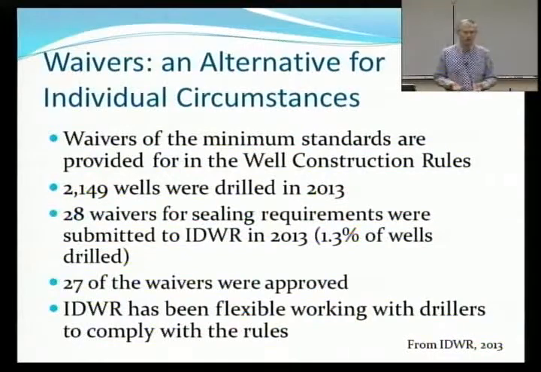In a recent meeting with drillers, somebody pointed out that in a section of Valley County the best quality available water resource for domestic wells is on the order of 35 to 50 feet down. And so putting in a 38-foot seal in some cases just isolates off the aquifer.